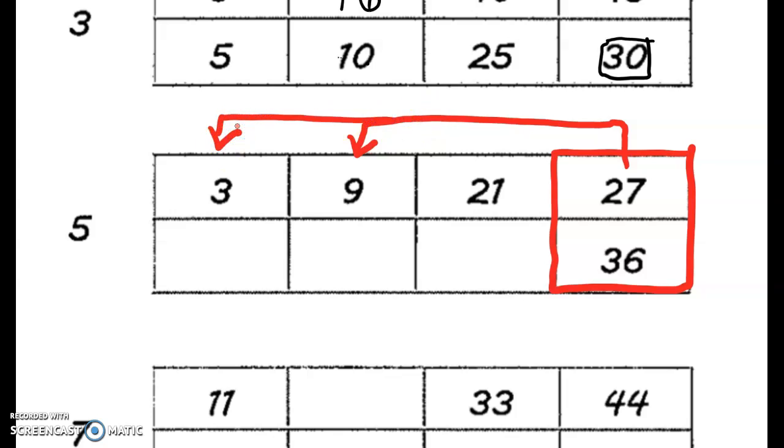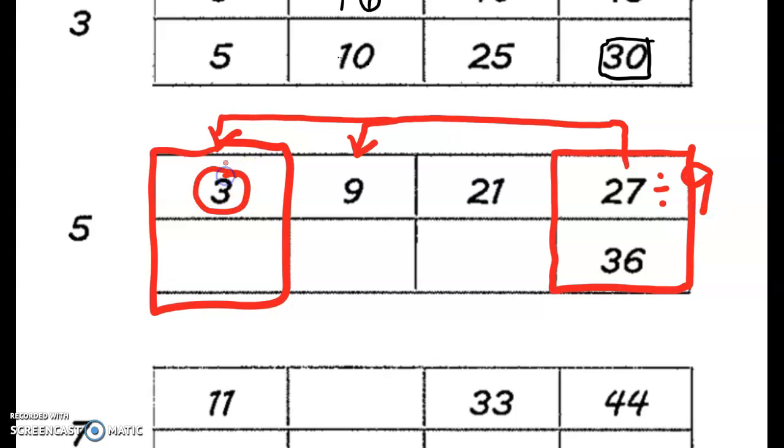So we're always going to use multiplication or division to help us fill in our new rates or ratios. So I think I'm going to start with the first box. I know that 27 divided by 9 would give me this number 3 right here. And I know that 36 divided by 9 is 4. So I have that one filled in.